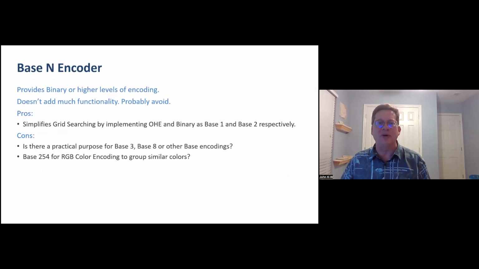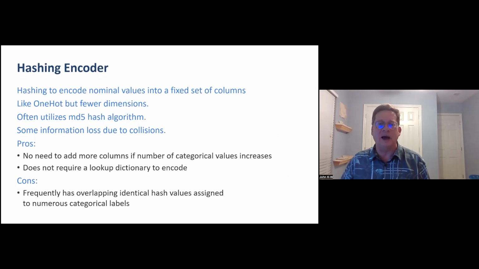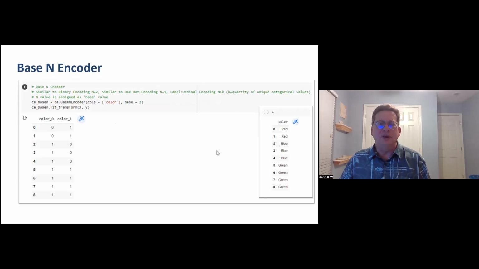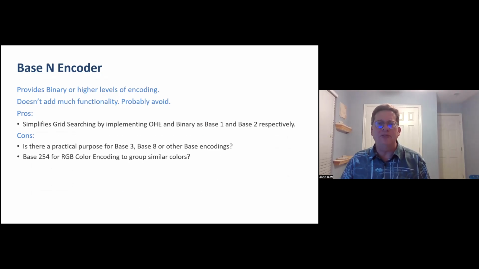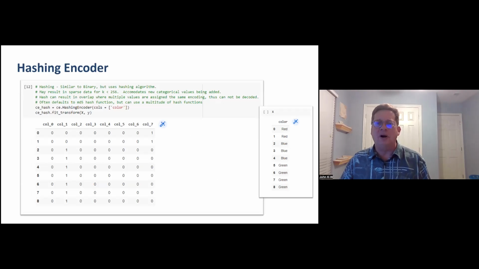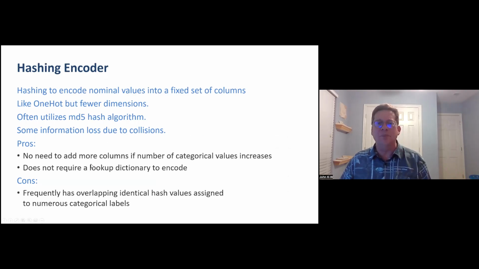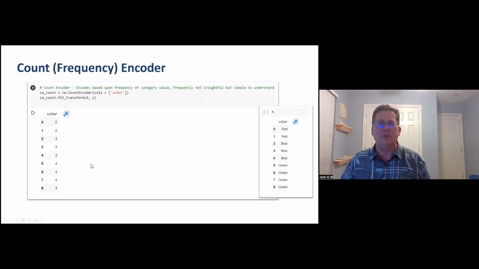And various other algorithms you can take a look at. So binary, BaseN, and hashing are all methods with the idea of one hot encoding uses too many columns and they use a reduced number of columns, but you lose the ability to translate back with some of those.